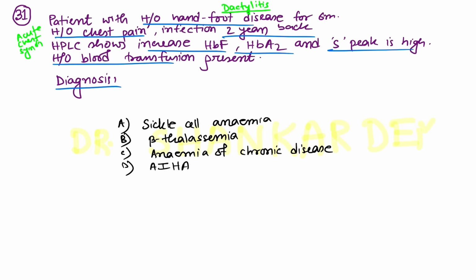So dactylitis, acute chest syndrome along with S peak in HPLC, high hemoglobin F and HbA2 seen in this is a typical case of sickle cell anemia. So diagnosis in this case will be sickle cell anemia, hemoglobin S disease.